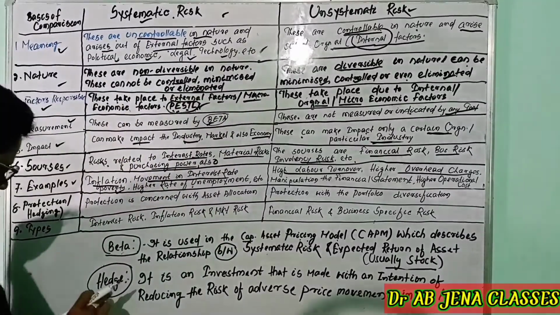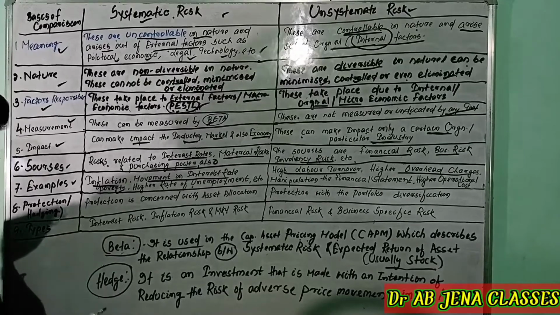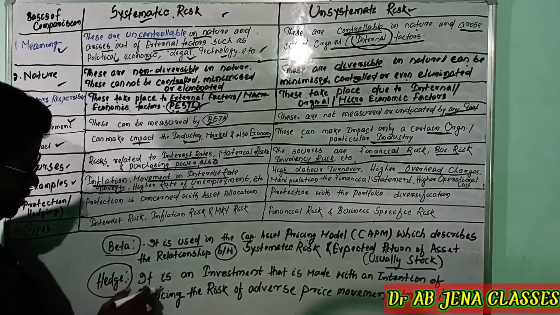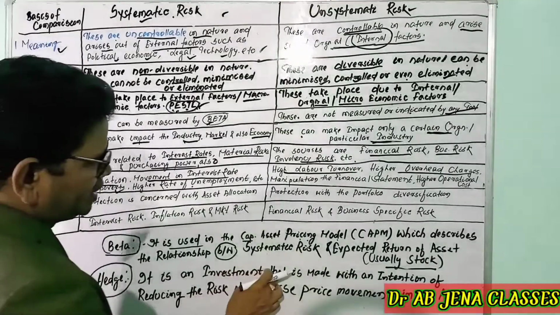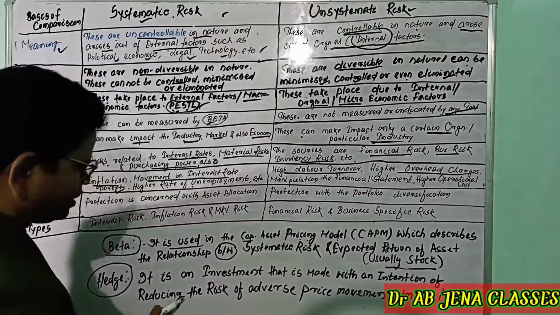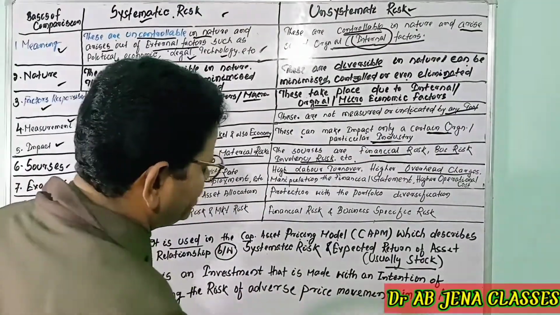Frequently you will get the question, what is the meaning of beta and what is the meaning of hedge. Once again I am repeating, hedging is an investment made with the intention of reducing the risks of adverse price movements in an asset.